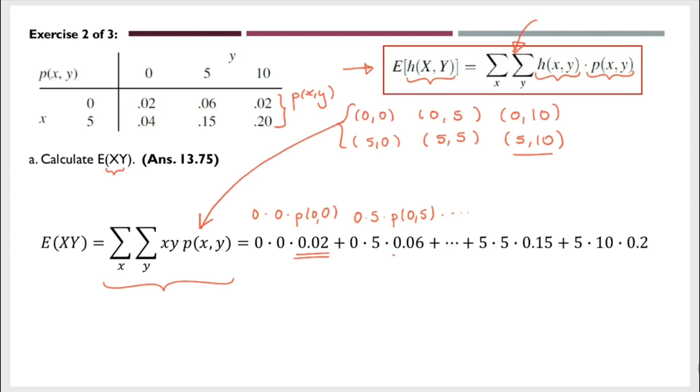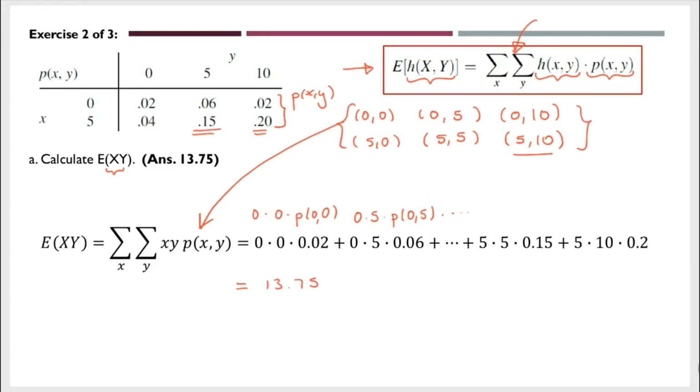So for p(0,5), you'll see you get the 0.06, and you can carry on as well. For (5,5), you have the 0.15, and then for (5,10), you get the 0.2. So you need to make sure you have 6 of these terms that you're summing. So that's 1, 2, there's 2 represented in there, and then the last 2 I have already there. Now, when you work this whole thing out, that's how you end up with the final answer of 13.75.